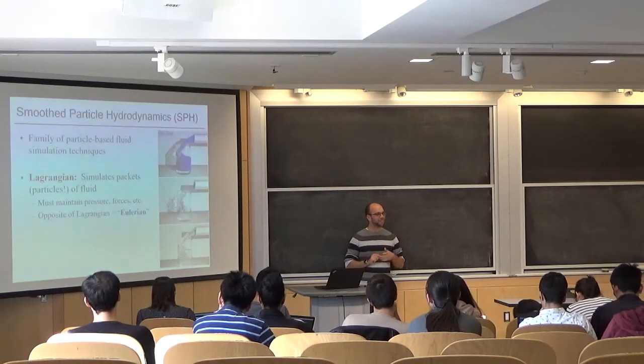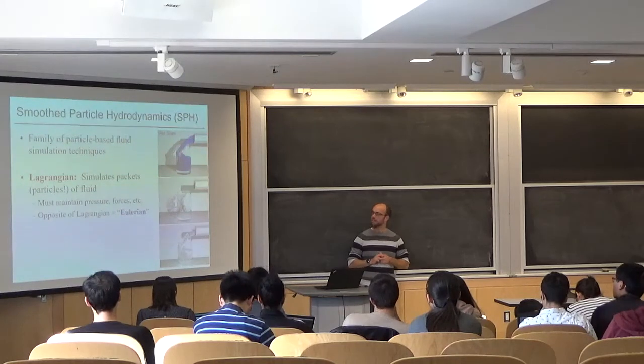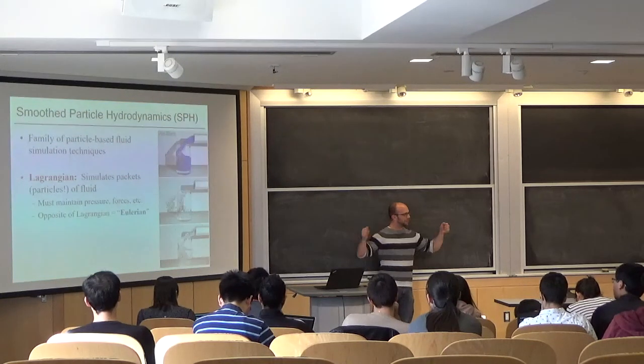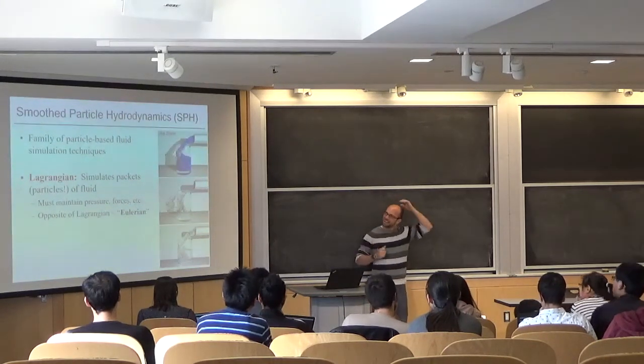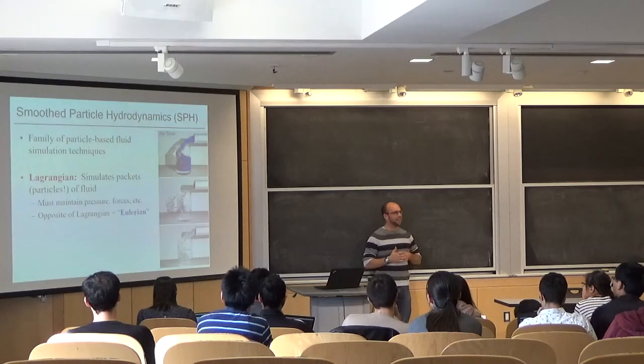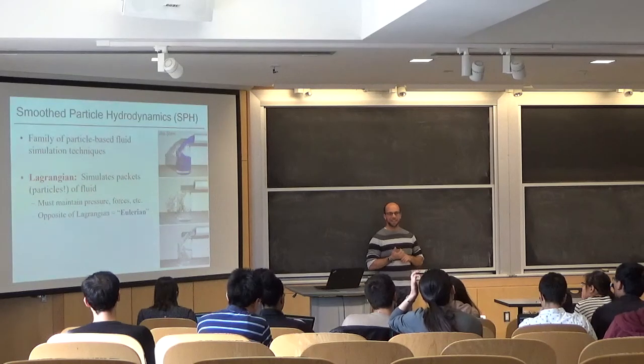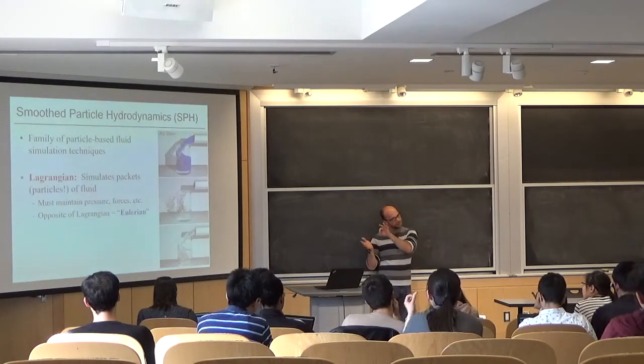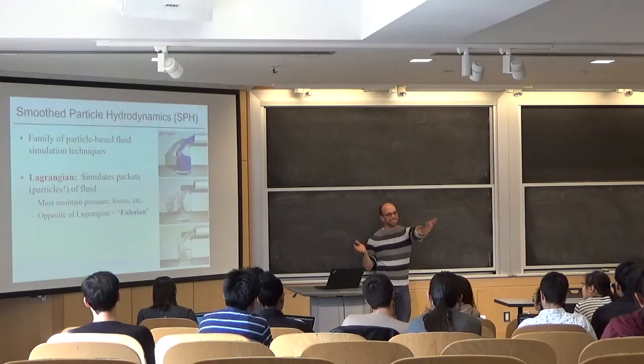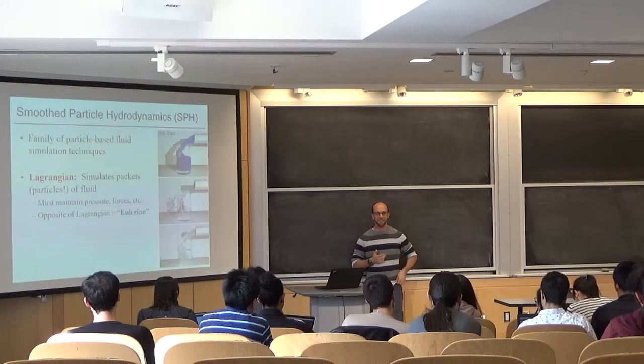The typical example is a big tank of water, sloshing around. The Lagrangian view says my tank of water is a big tank of particles, and what I'm going to simulate is, for every particle at time 0, where that particle is at time t. So you have little packets of fluid.